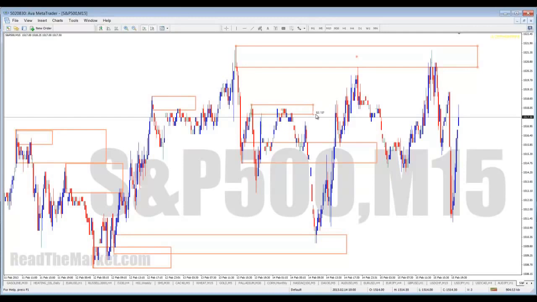Further rejection. A break, and price goes higher. Drop, base, rally. Price returns, there we go. Another cap on price here, price gets back to it, and there.